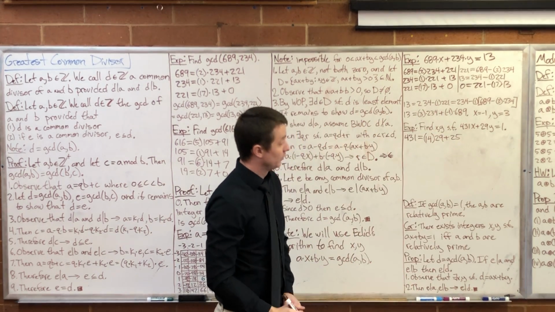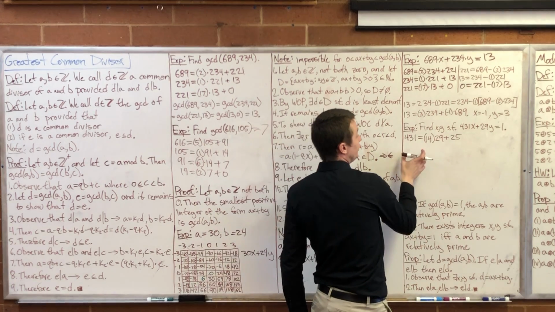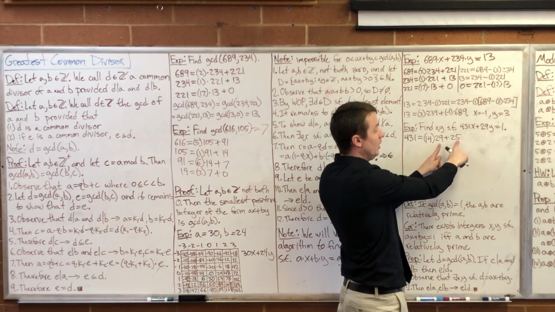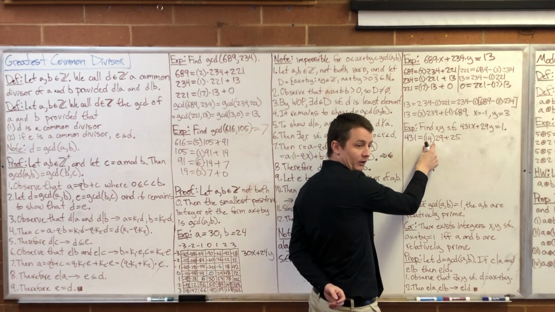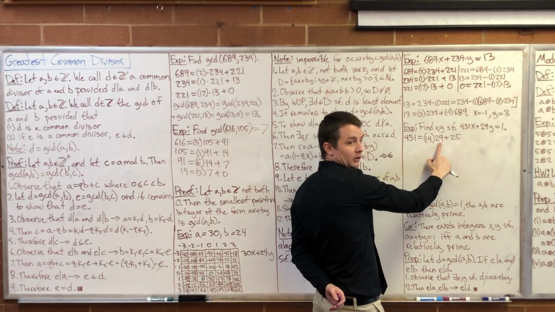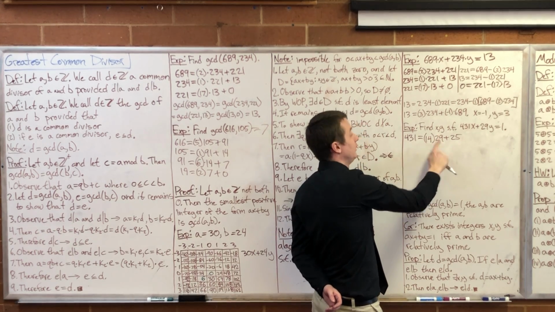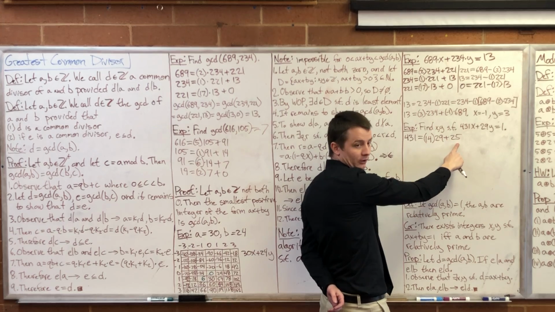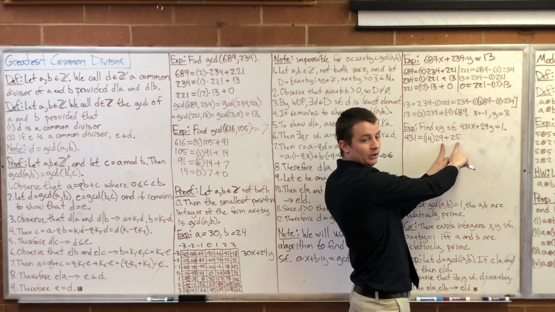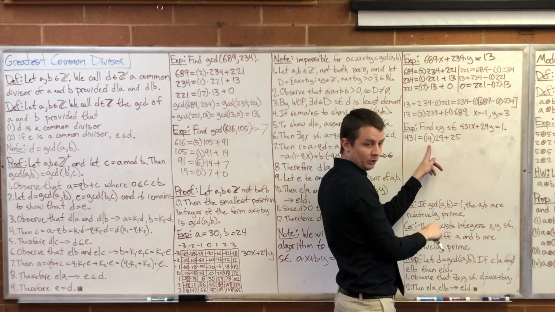Now the GCD of these two numbers is equal to the GCD of these two numbers. You'll notice I always put parentheses here because it's possible that when we do this, this number could be bigger than this number. Don't lose track of what your A is, what your B is, and what your remainder is. Our algorithm says that the GCD is equal to the GCD of these two. It says nothing about that number.